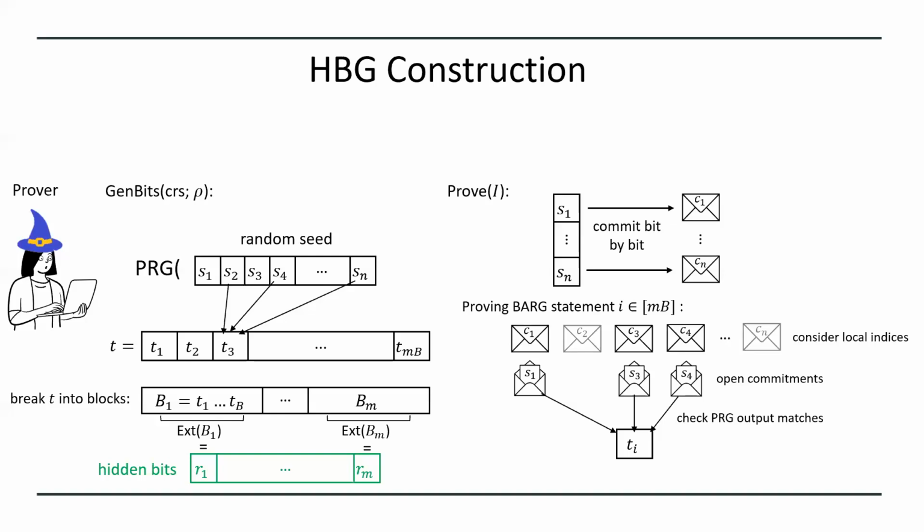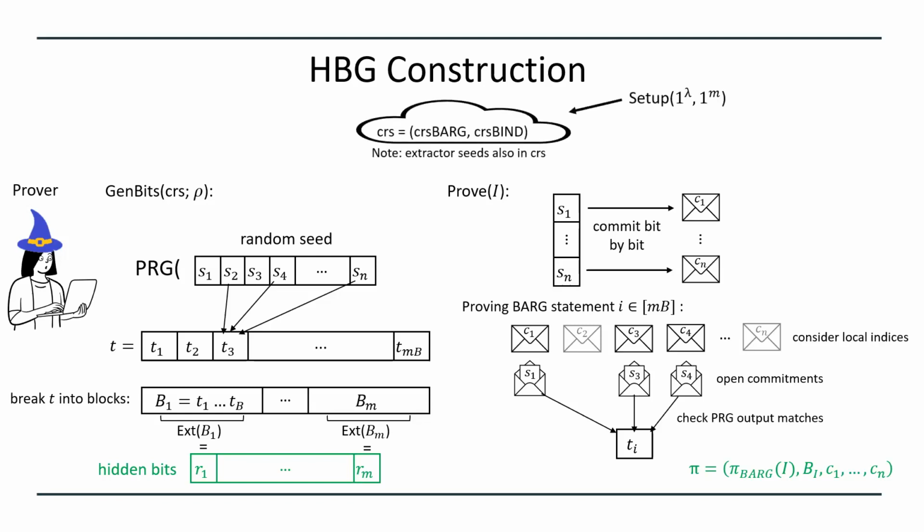So what the actual proof is going to look like is it's going to be a BARG proof where for each i in capital I, we prove all of the statements in that block. Meaning if, for example, 1 is in capital I, we prove statements 1 through B. And then we're also going to send over the revealed blocks along with all of the commitments.